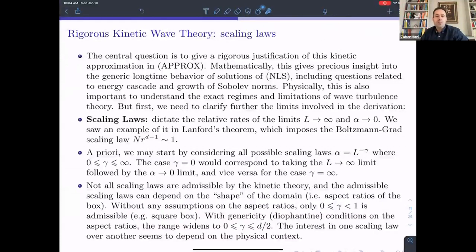If you want to impose genericity conditions or differentiating conditions on the aspect ratio of the box, this range can be increased a little bit so that it becomes between 0 and d over 2. Both of those come from number theoretic considerations that I don't think I have time to get into during the talk, but I'll be happy to discuss them afterwards. The interest in one scaling law over the other seems to depend on the physical context in this setting, but the obvious thing is that you have a range of scaling laws rather than just one.